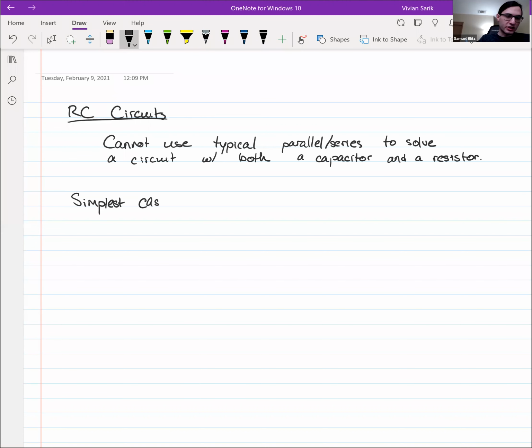So the simplest case is we have an initially uncharged capacitor in the circuit below. So we have a battery, we have a switch, we have a resistor, and then we have a capacitor. And it's just connected like this.